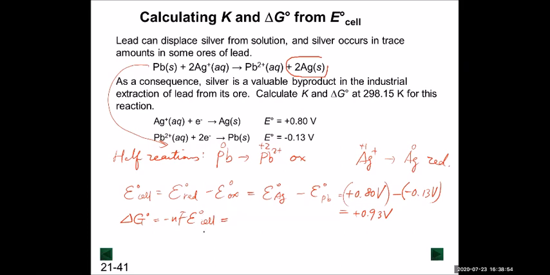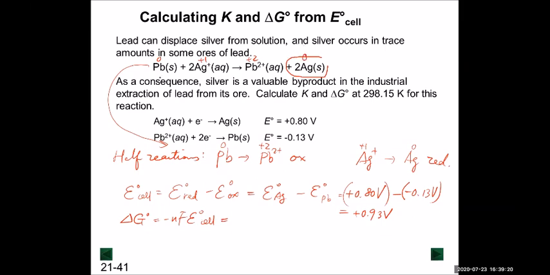And what is N in this reaction? We look back at this balanced equation and mark the oxidation state for each one. Lead starts from 0, silver is +1, lead becomes +2, and silver ends up with 0 because it's an element.